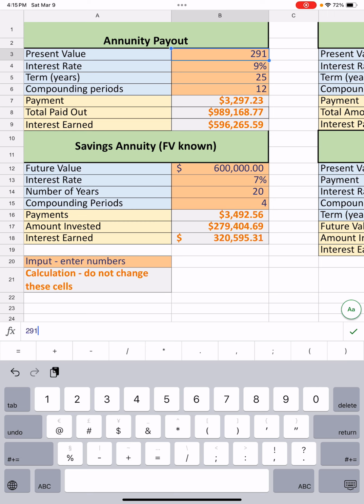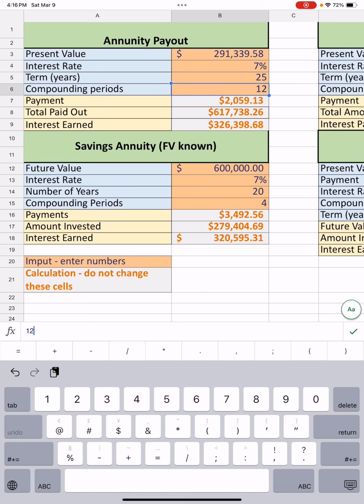So 291, sorry, you don't actually put the comma in there. Maybe you can, but I'm not going to because I don't want to mess it up. Okay, and then we get 7% interest for 25 years.